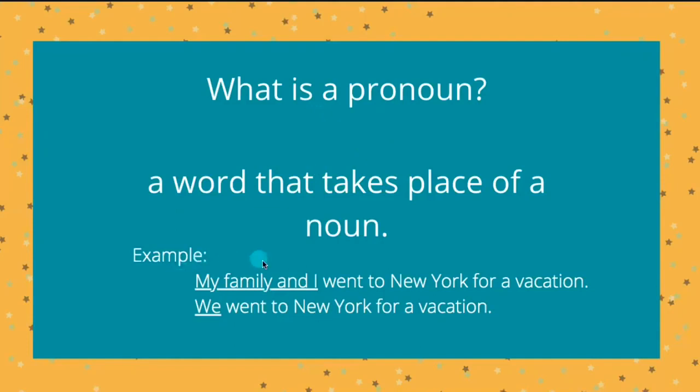It takes place of a noun. It's a substitute of a noun, right? Another example, you can say Peter is a good boy. Instead of saying Peter is a good boy, you can say he is a good boy. All right, so he is a pronoun there.